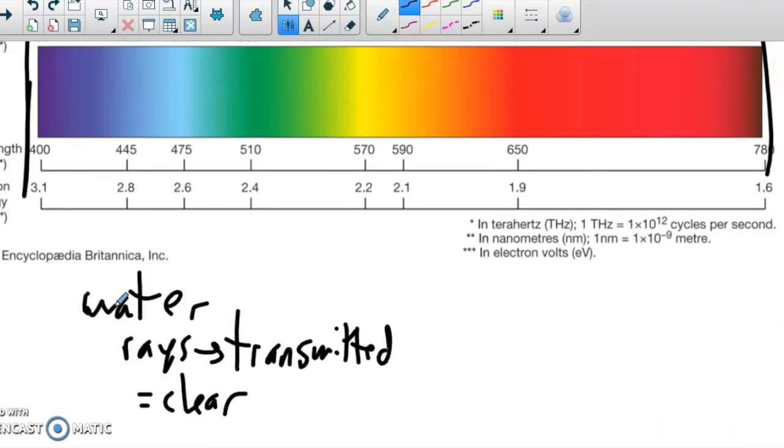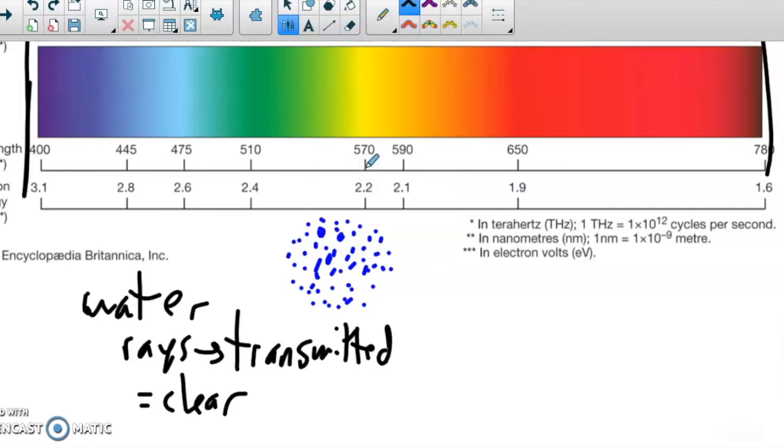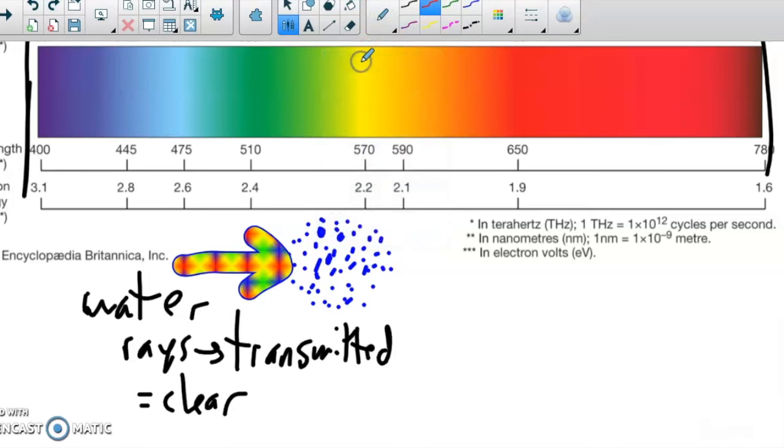However, clouds being liquid are actually made up of lots of tiny little droplets of water. And there are millions of them in one area. But unlike a glass of water, each droplet has its own surface tension. And so when all of the light rays come in, they all get refracted.